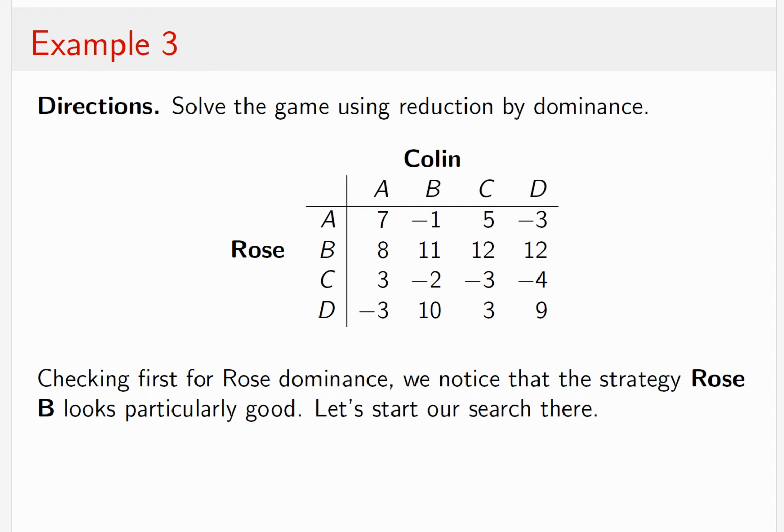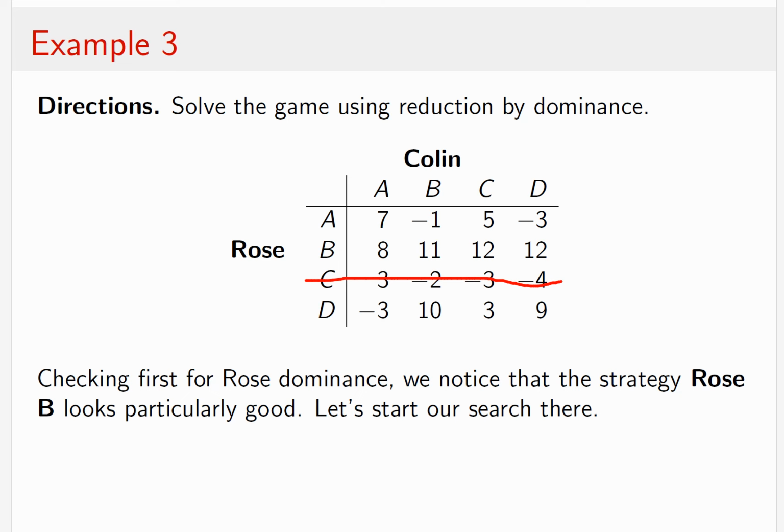So notice that 8 is greater than 3, 11 is greater than negative 2, 12 is greater than anything negative. So row B dominates row C, and we can just eliminate C.